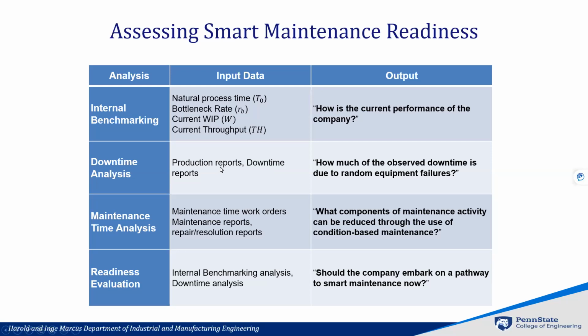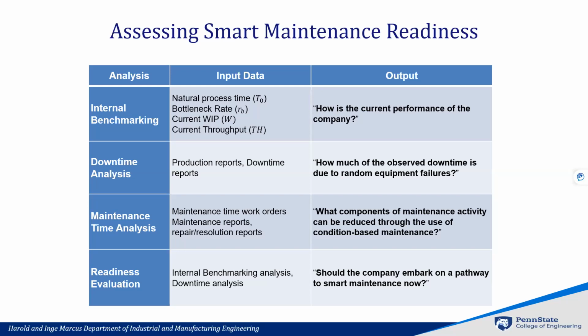So typical sources of data for that are production reports or downtime reports. And here the key question is, how much of the observed downtime is due to random equipment failures? This is really one of the key factors that decides which fork you take in the pathway.